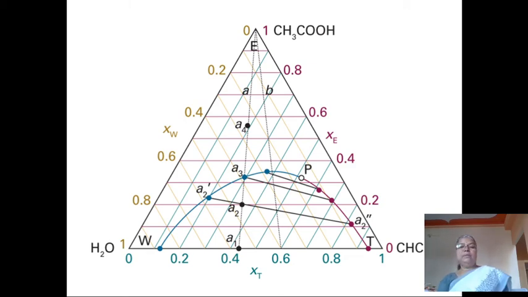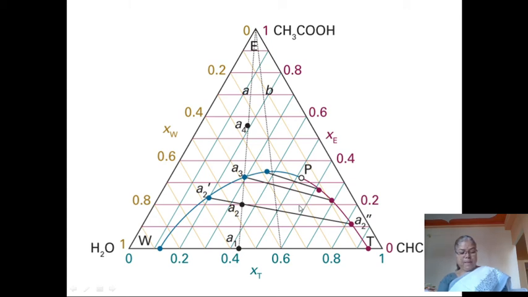Here at this B point there is one phase. Then in this triangle there are two phases. This point is called a plait point, and these are the tie lines here. These are the A2 dash, A2 double dash, A3, and these lines are called tie lines.